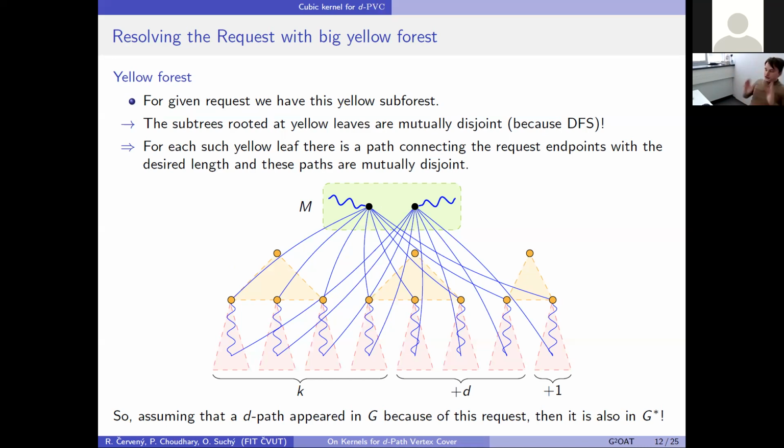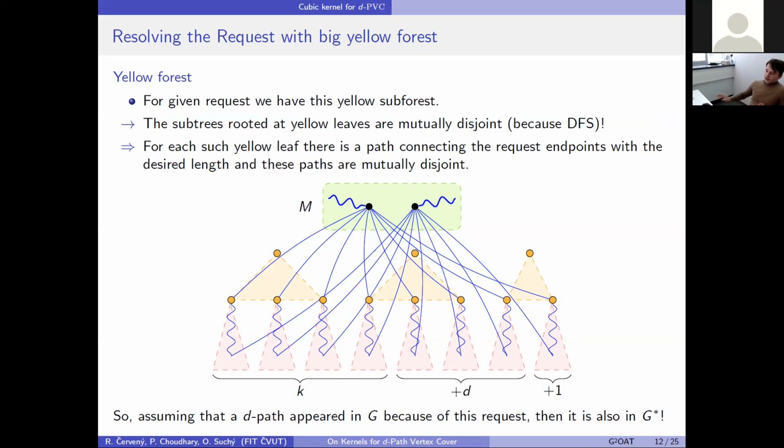We assume that the solution for the reduced instance in this case is not a solution for the original one. So can we really have this structure if this is the case? What could have happened is that the solution somehow compromised k of these connecting paths on the segment.